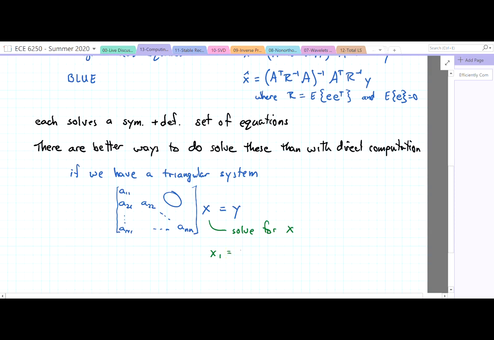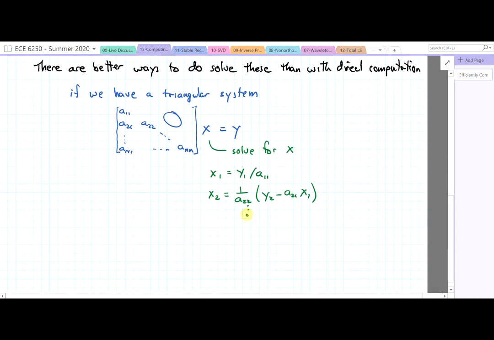X1 is equal to Y1 divided by A11. And X2 is equal to 1 over A22 times Y2 minus A21 X1, and so on and so forth. And we know each of these terms.